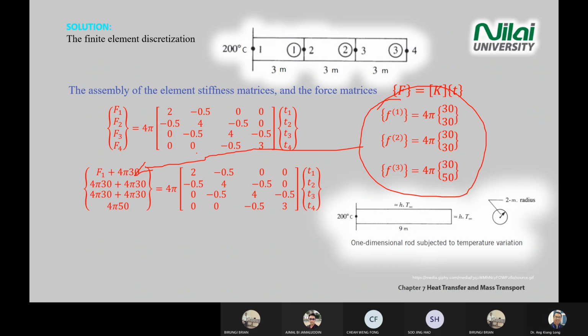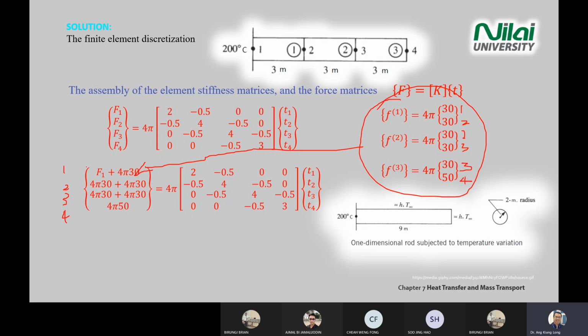Okay, this is point 1, point 2, point 3, point 4. So here we have point 1, 0.2, 0.2, 0.3, 0.3, 0.4.